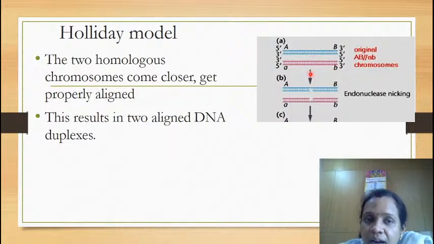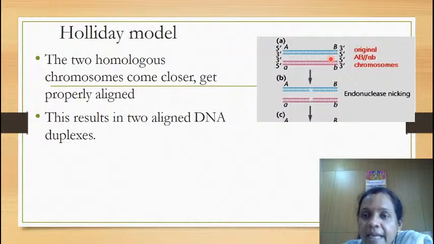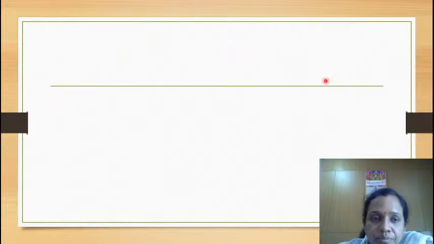Now if the recombination has to take place between these two DNA duplexes, what will happen? Both of them get rid of their coils, or the helix structure, and they align straight.